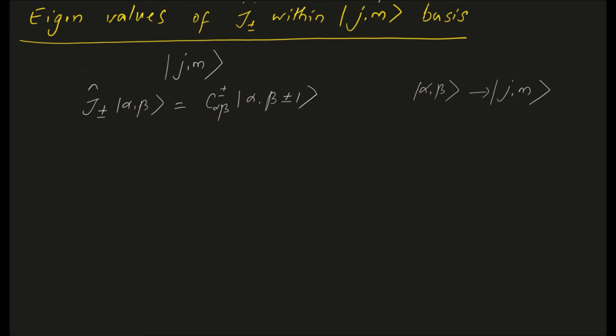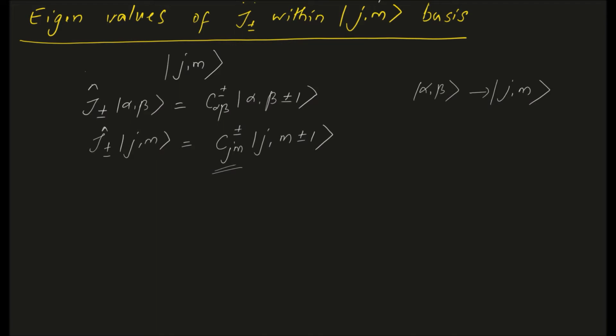So we can write this expression in the Jm basis as J plus or minus acting on jm is equal to C jm plus or minus, then jm plus or minus 1, so it affects the second quantum number m by plus or minus 1. Now we use the normalization condition of the Jm basis to get the value of this normalization constant Cjm.